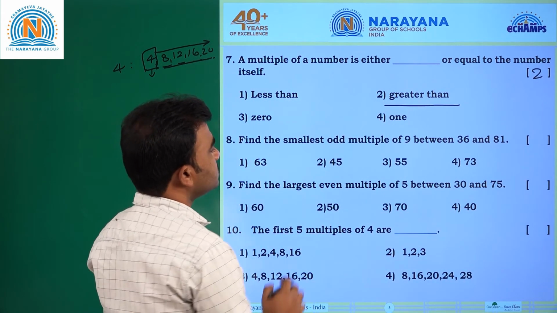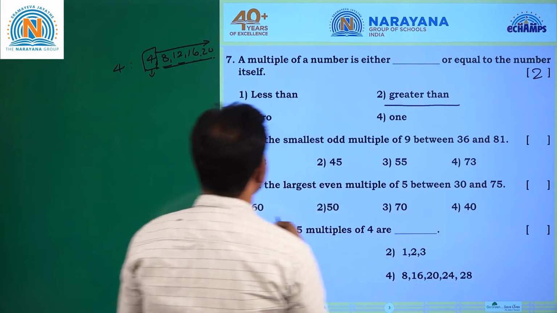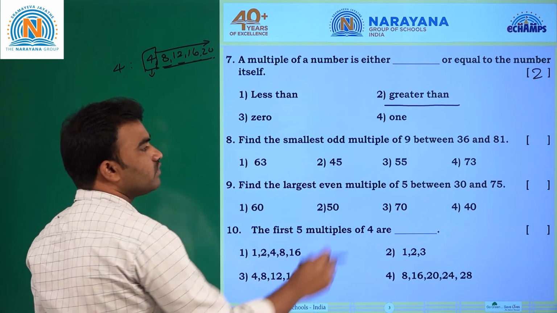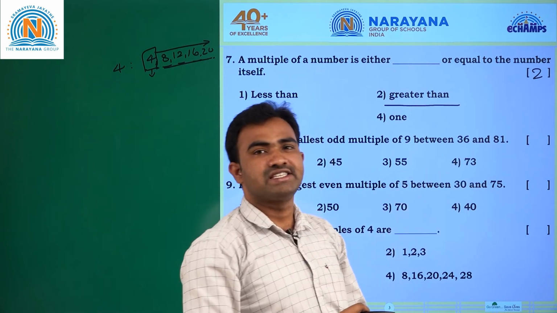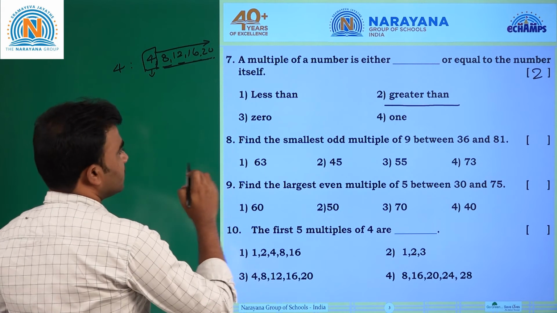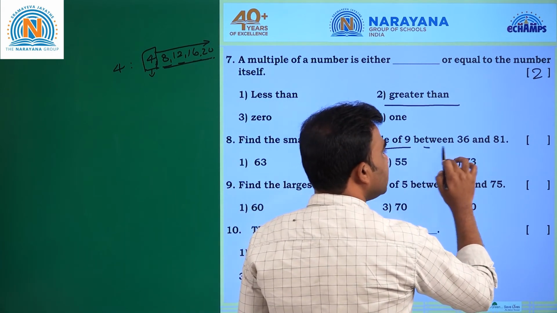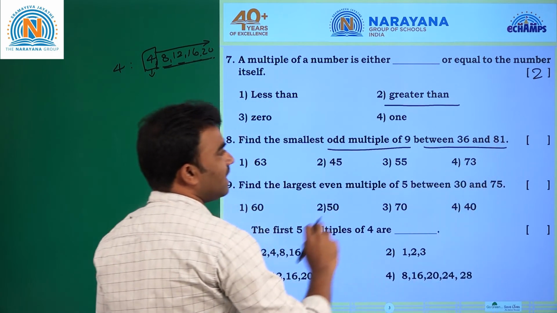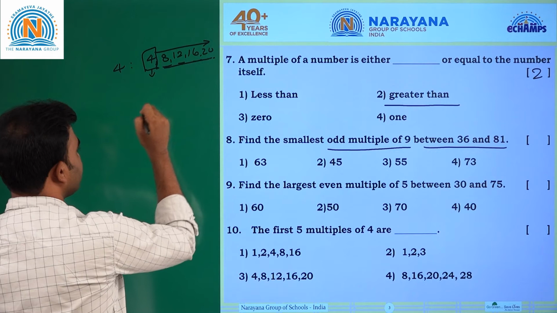Find the smallest odd multiple of 9 between 36 and 81. To find it, we have to find the multiples of 9 which are in between 36 and 81. Remember, we want an odd multiple of 9, and it should be in between 36 and 81. What are the multiples of 9?